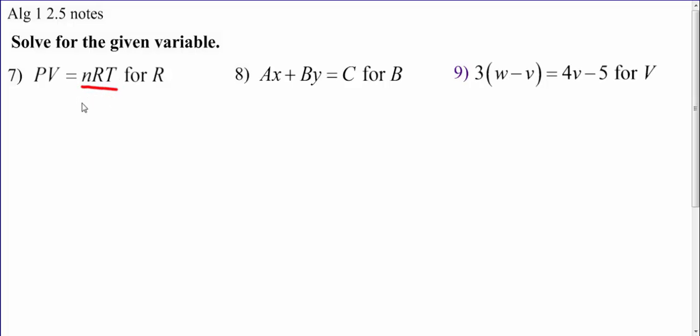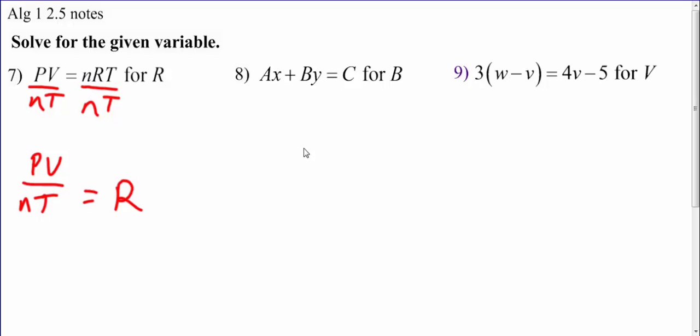So all I'm going to do is divide by n on both sides. So PV over n. As a matter of fact, let me do something to simplify this for you. Instead of doing this in 2 steps, let's do it in 1. Let's divide by n and t, and we'll have PV over nt equals r. Then we're done with it. 1 step. Okay, next one.